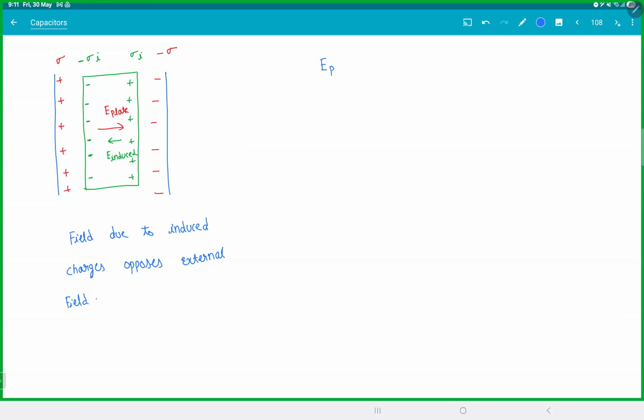So the field due to the plates, remember there are two plates, sigma by 2 epsilon into 2. So sigma by epsilon. The field due to the induced charges is sigma induced by epsilon.